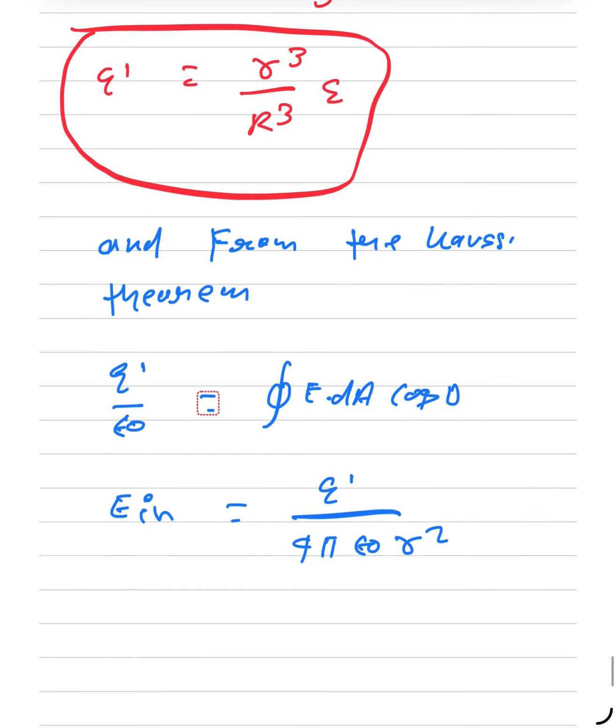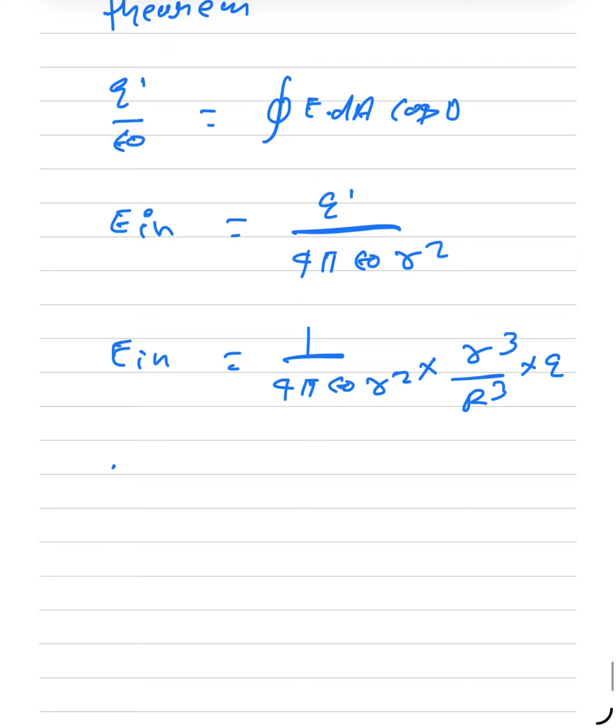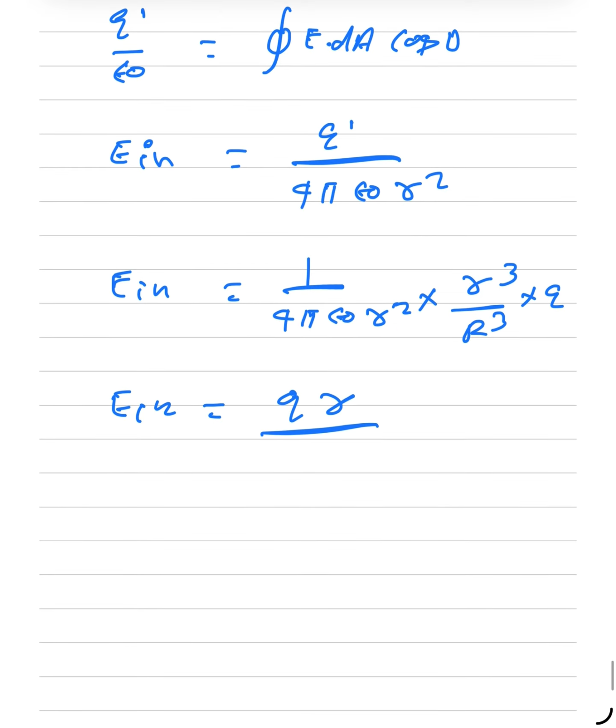Putting in the value of Q dash, the electric field inside equals 1 by 4 pi epsilon naught r square times r cube divided by capital R cube times Q. Here r square cancels with r cube, so E equals Q times r divided by 4 pi epsilon naught R cube.